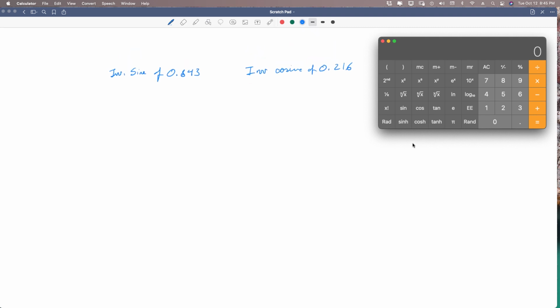But on your calculator in your hand, you're going to want to type, let me see, I have a TI 30XA, and it allows me to do a second degree function. So I'm going to type 0.643, and I'm going to hit my second degree, and I'm going to do sine to the -1, which is the inverse.